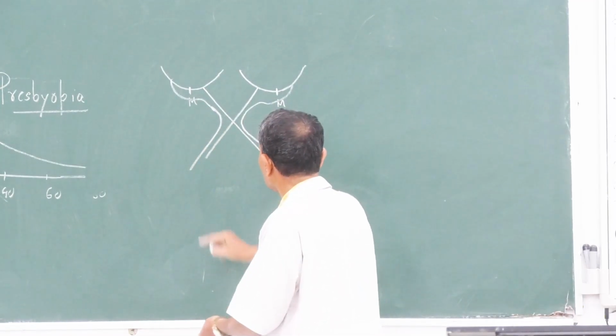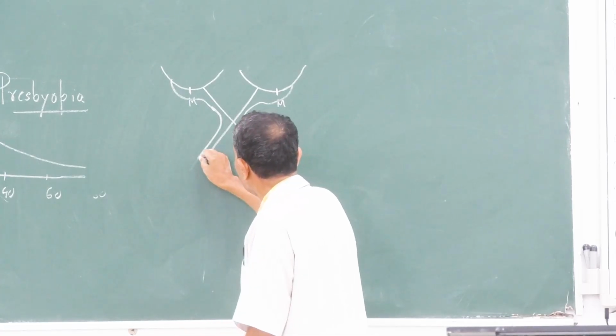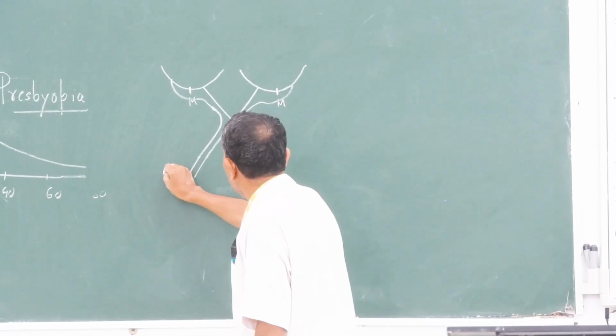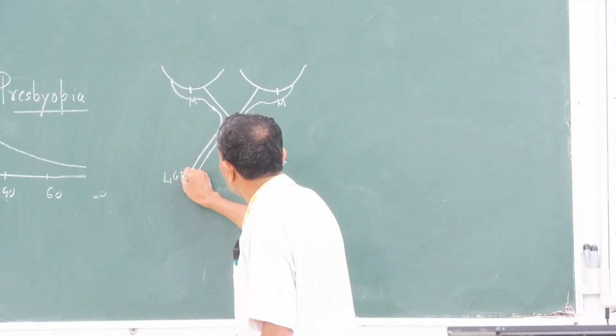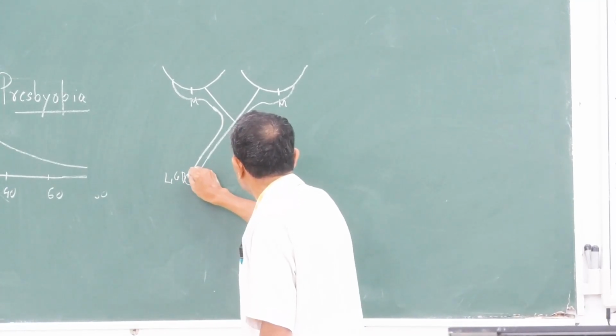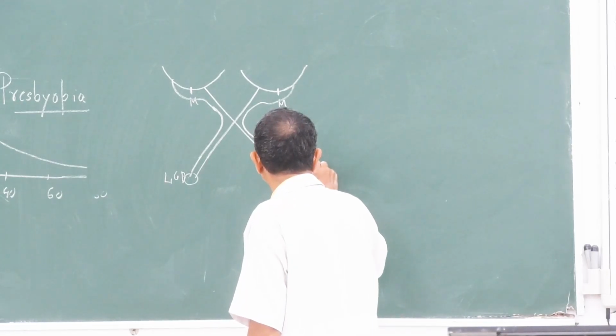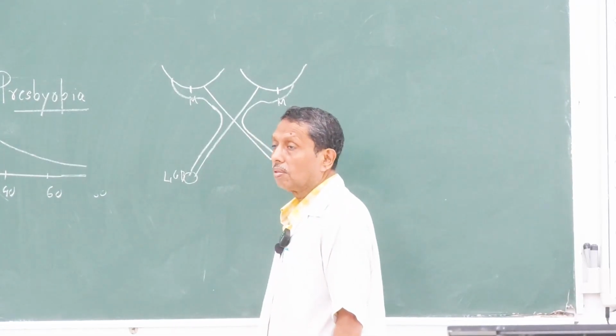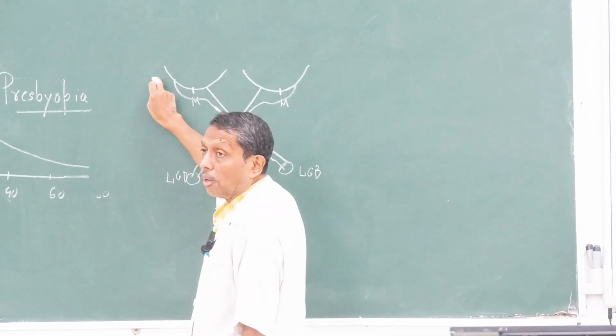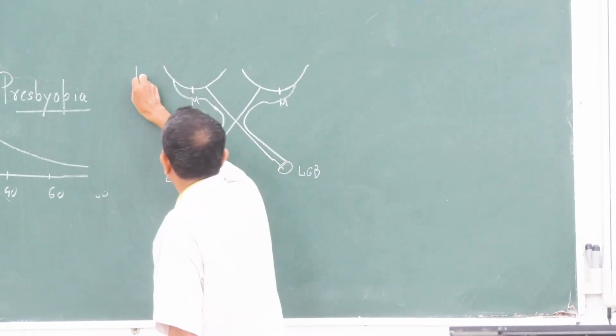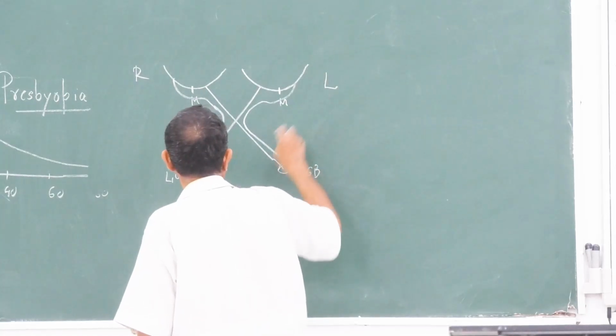Then the lateral geniculate body. This is the right retina and this is the left retina.